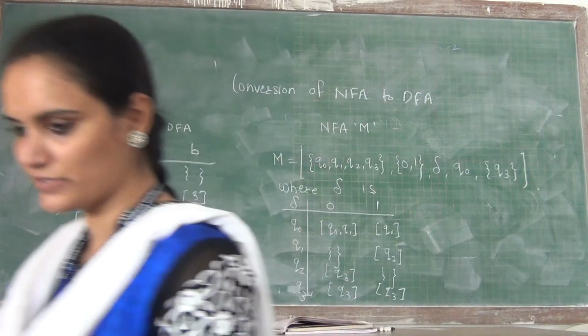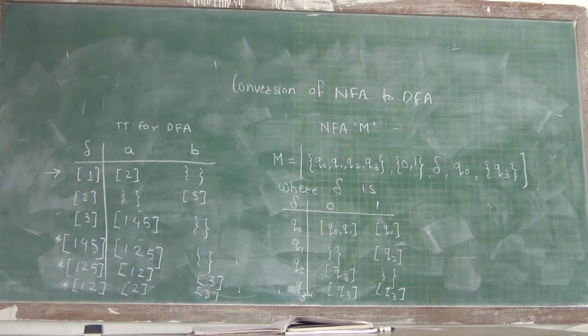Q0 on 0 it goes to Q0, Q1 and on 1 it goes to Q0.